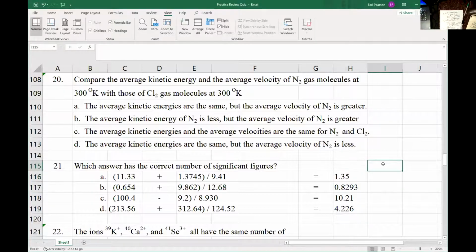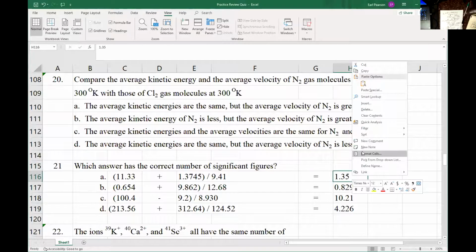Now that'll make it wrong. Okay, 0.35, 0. Now, I've got to make this format.